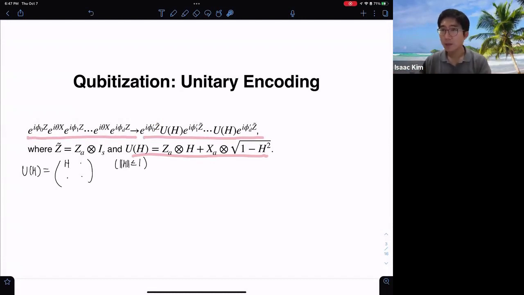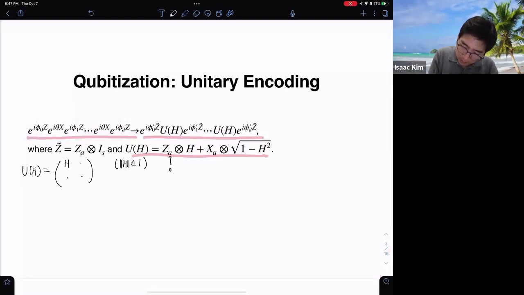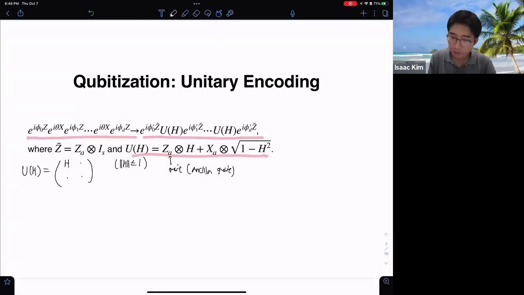We're working in a Hilbert space in which we have a single qubit and a quantum system that we want to simulate, the Hilbert space that H acts on. So naturally you have a tensor product structure. We're going to simply denote the qubit as A, because it's an ancilla qubit, the extra qubit that helps our job.